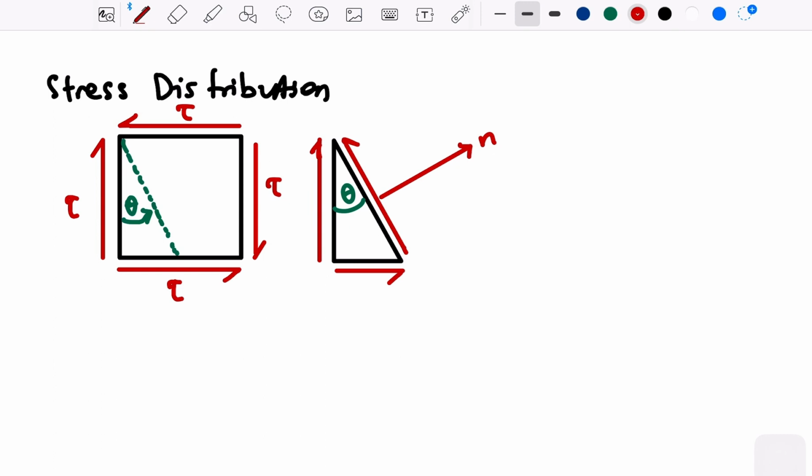Or maybe let me write, this is the sigma, the normal from the perspective of this diagonal area.